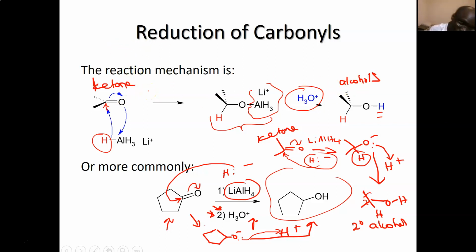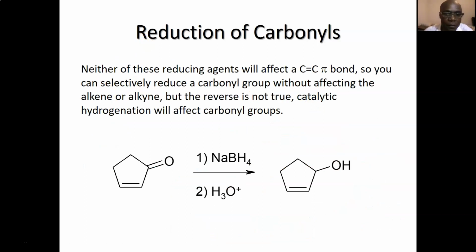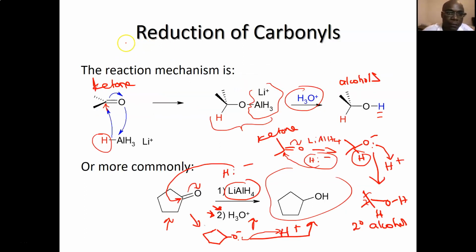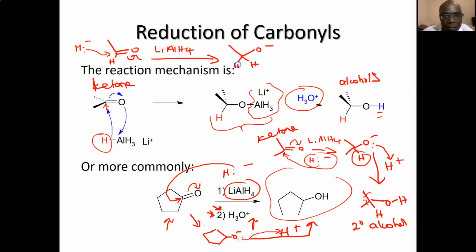Aldehydes are reduced to primary alcohols. So let me give you an example of an aldehyde. So let's say you have this aldehyde, and I give you step number 1, lithium aluminum hydride or sodium borohydride, doesn't matter. The hydride will attack from the back. That opens up. You get O minus. Now you have two hydrogens. This is probably what was added.